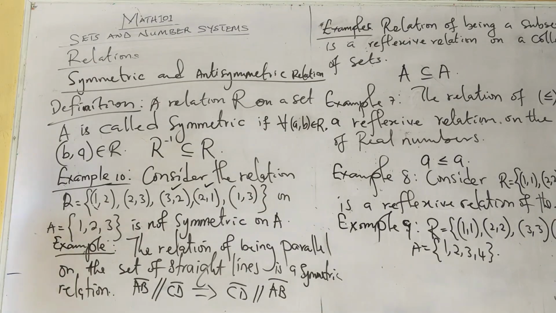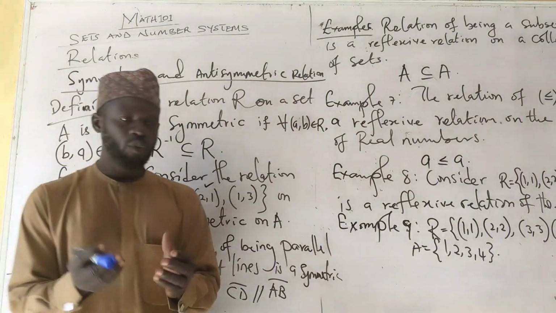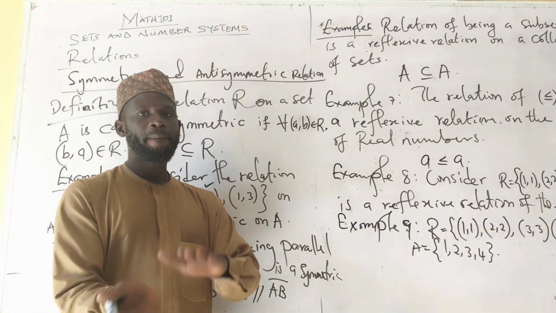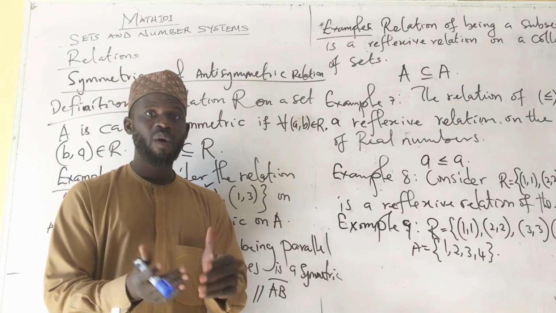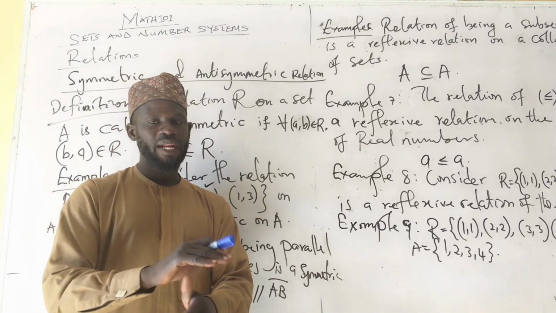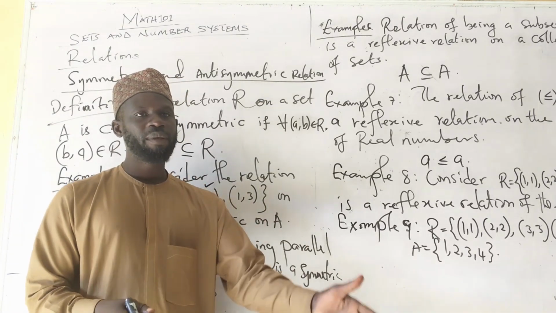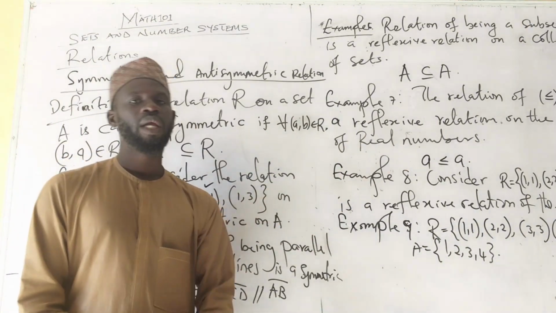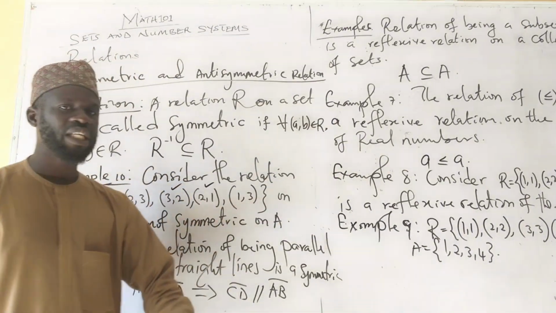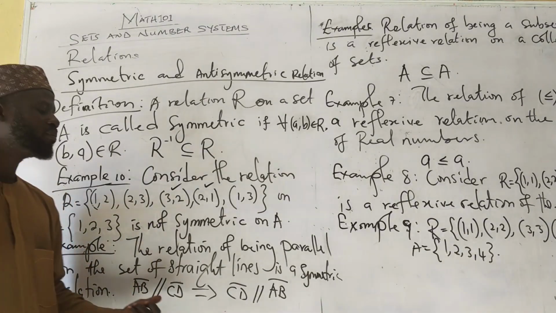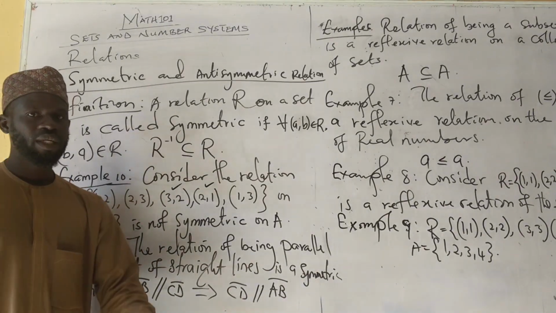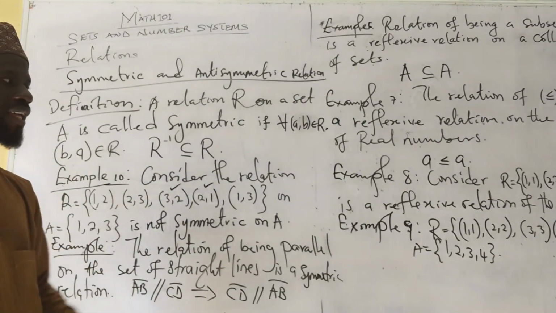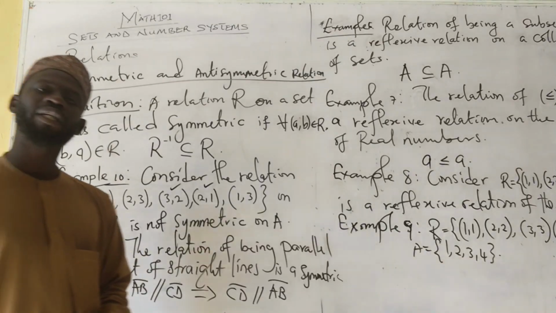If you have two parallel lines, they are parallel to each other. If AB is parallel to CD, likewise CD is also parallel to AB. And so the relation is symmetric. The relation of being parallel to on the set of all straight lines is a symmetric relation.